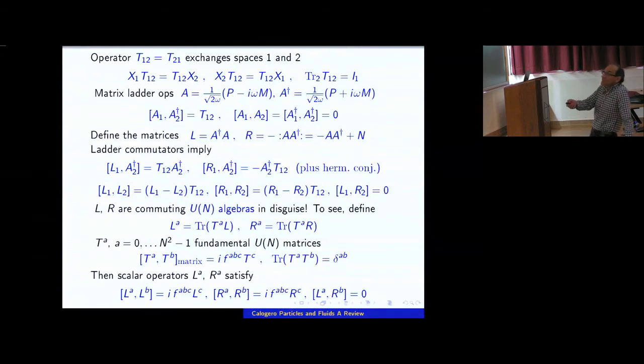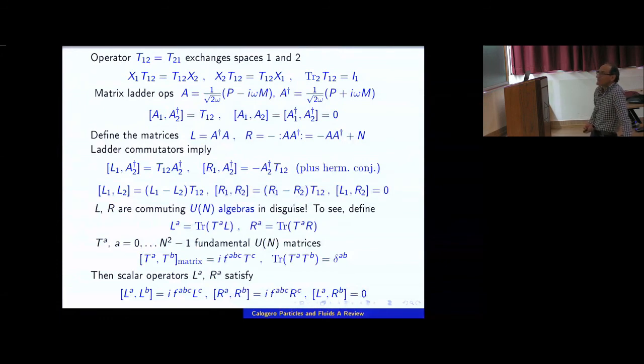So these expansion coefficients you call L_A; these are not matrices anymore, but they are operators. You know that these fundamental generators commute as matrices with the appropriate structure constants of U(N) or SU(N).